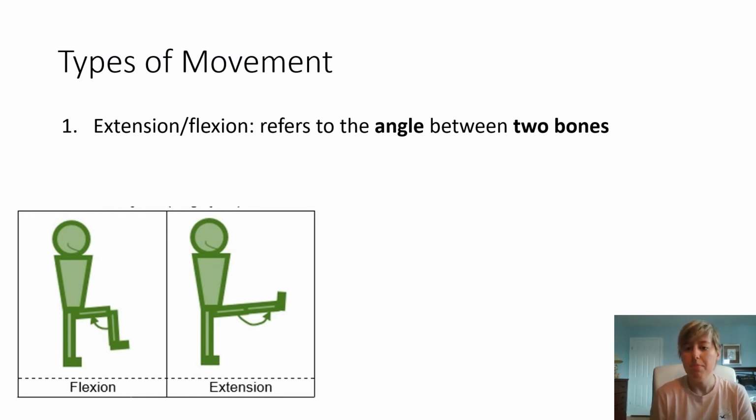Now the first type of movement is extension versus flexion. When we're talking about extension and flexion, we're talking about the angle that is formed between our 2 bones. So the first one that we're going to talk about is extension.